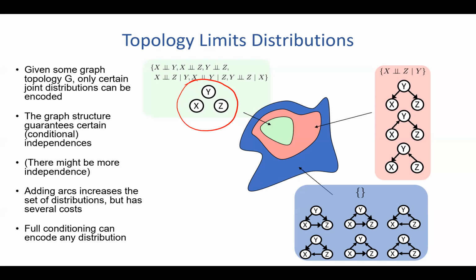Common effect looks something like this. X and Y, they both impact Z. That's the common effect. That just has a V structure. If you look at the one that I drew, it's just a V structure.